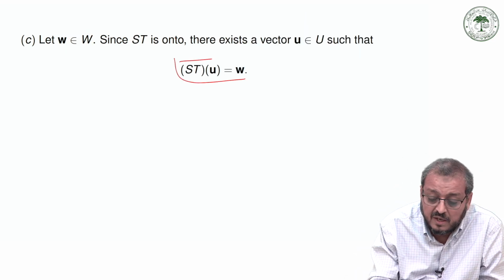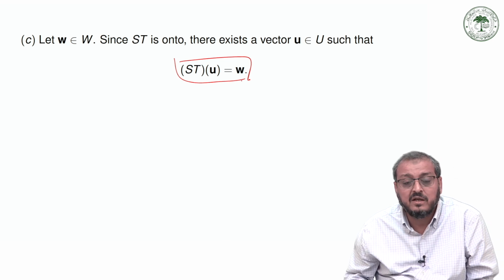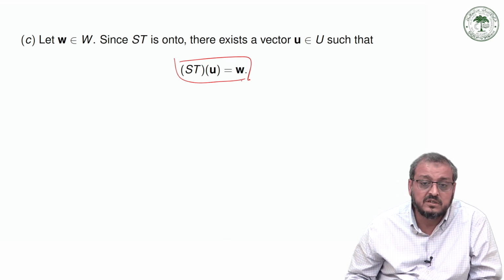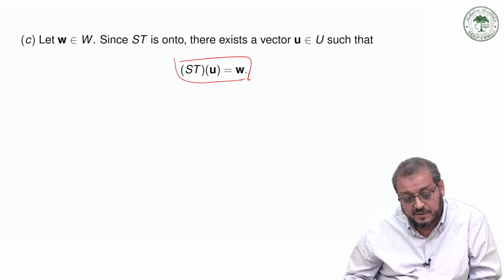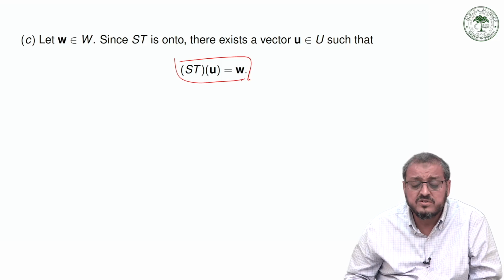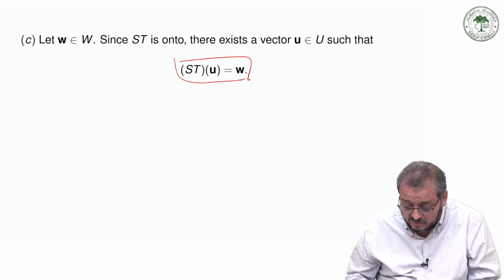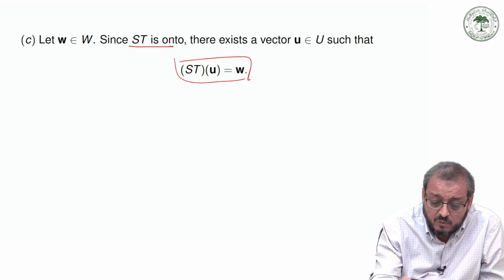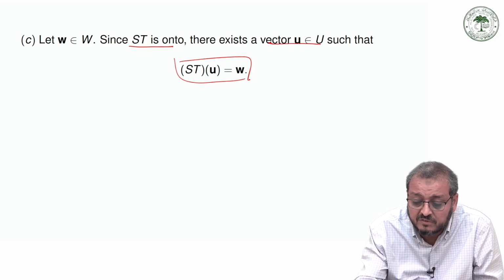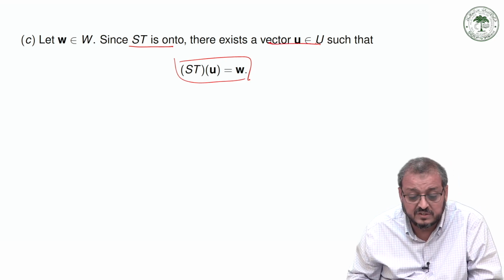So by the ontoness of ST, we can say that clearly ST of U is equal to W. Because ST is onto, there exists some vector U that satisfies this condition.